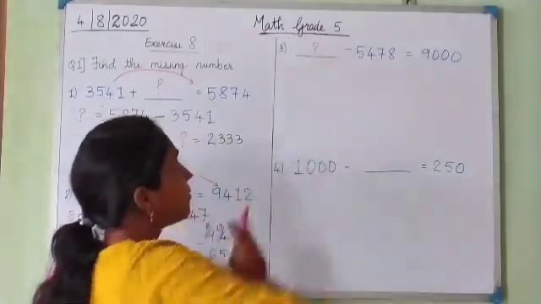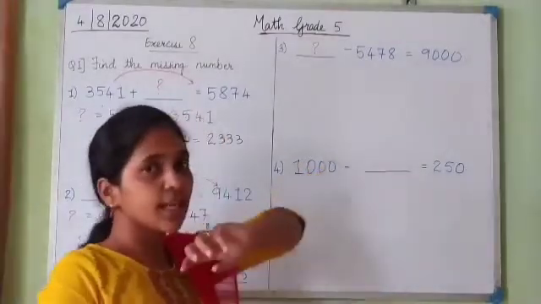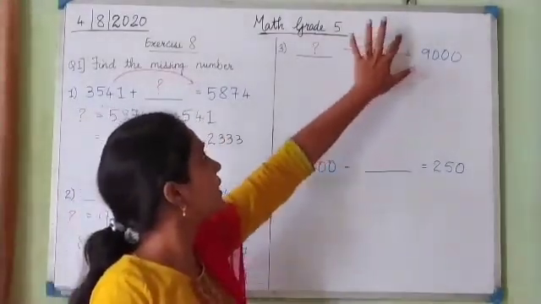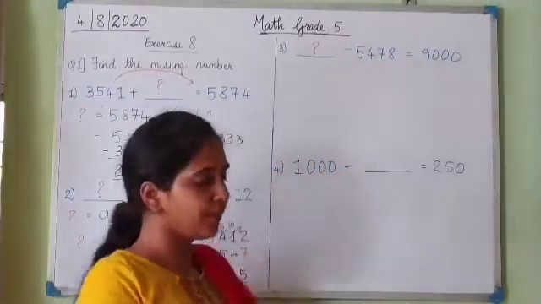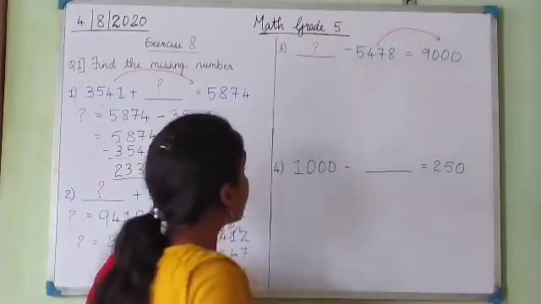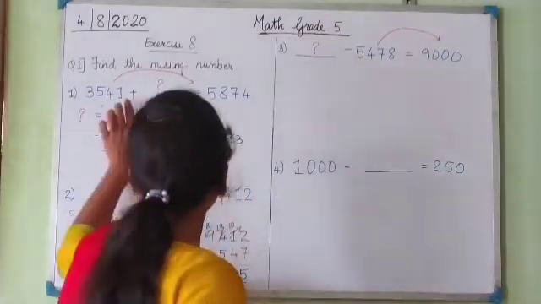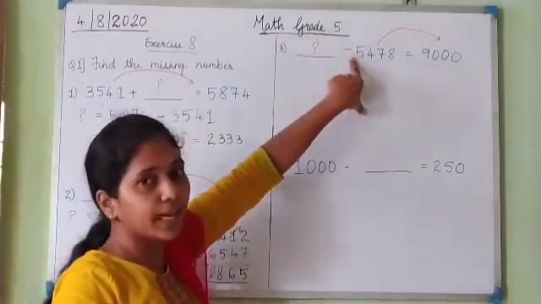We keep the missing number as it is and this 9,000 as it is, and we have to take this number to the other side of the equal to sign. Here we had seen that the numbers were added and here this number is being subtracted.